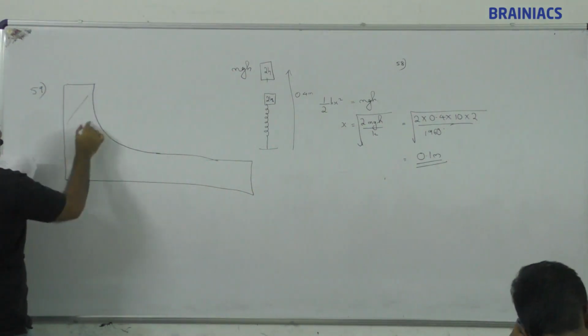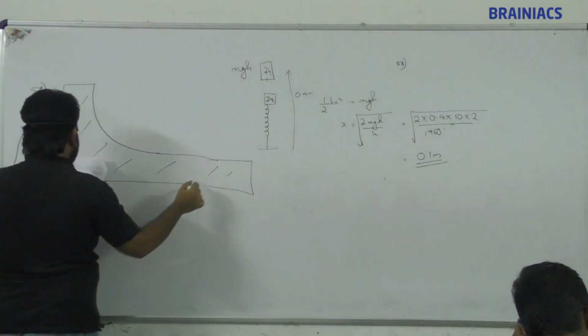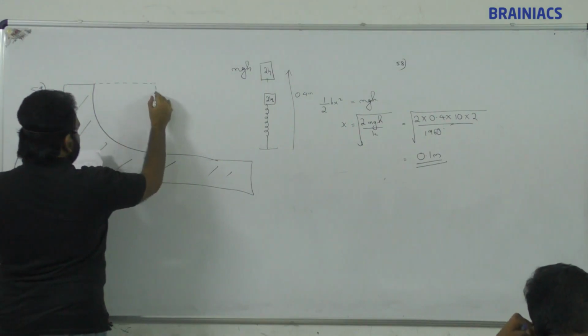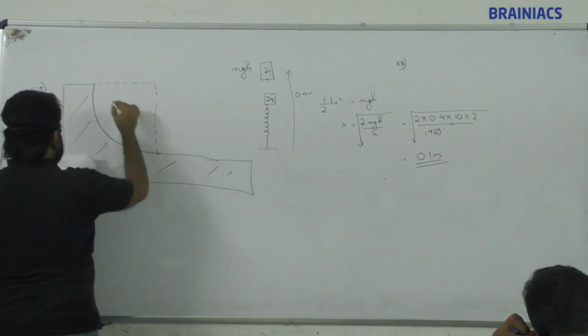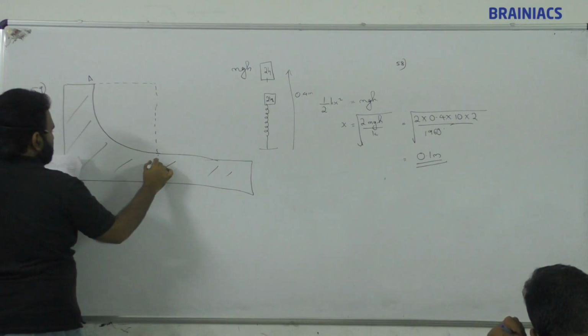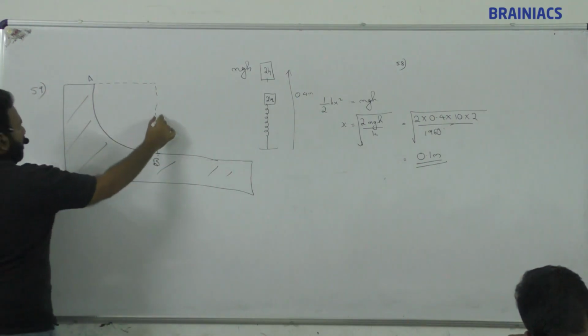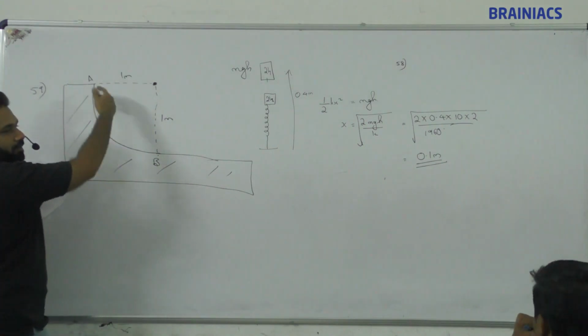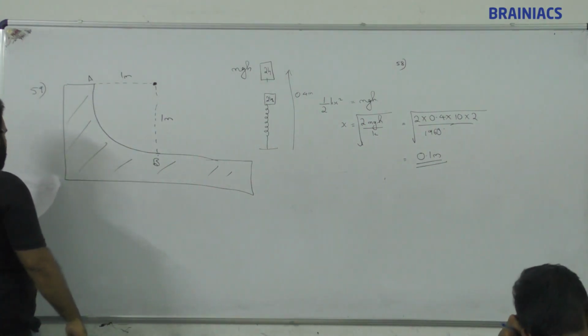This is A and this is B. This is 1 meter, 1 meter. This is just like a quarter of the circle. That is what they are saying.